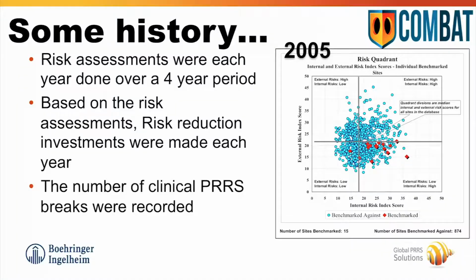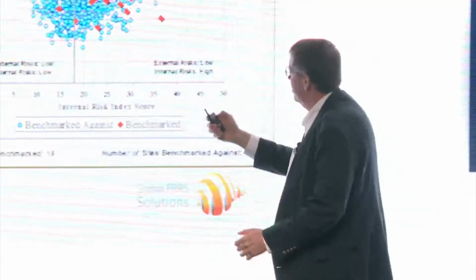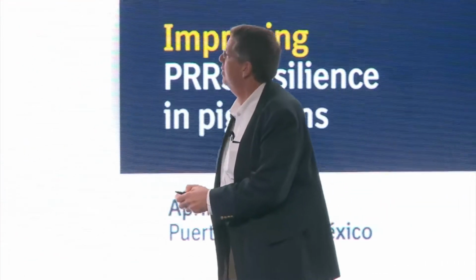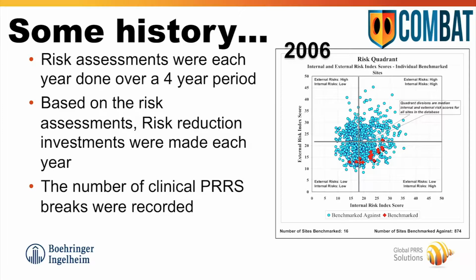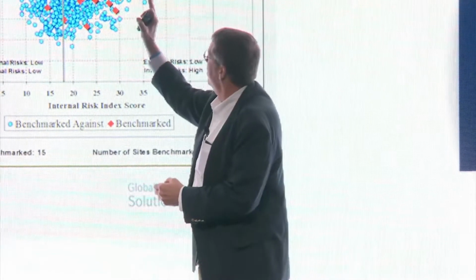And so what I'm going to do is show you the 4-year progression from 2005 through 2008 of what that looks like. And so I want you to pay attention to these red diamonds as we go through the years. So 2005, 2006, 2007, and 2008. And if I back up, you can see that two things happen.